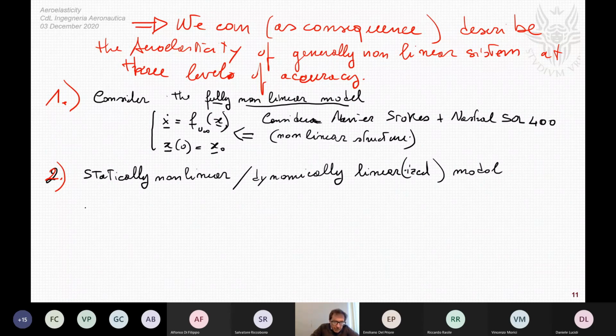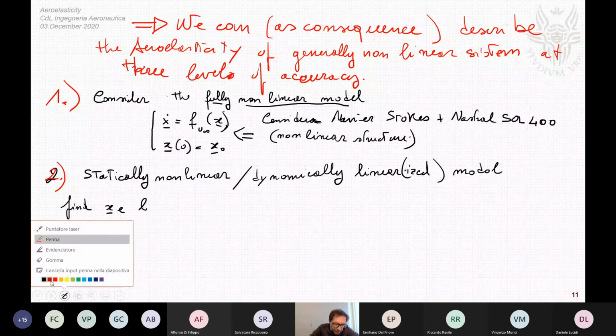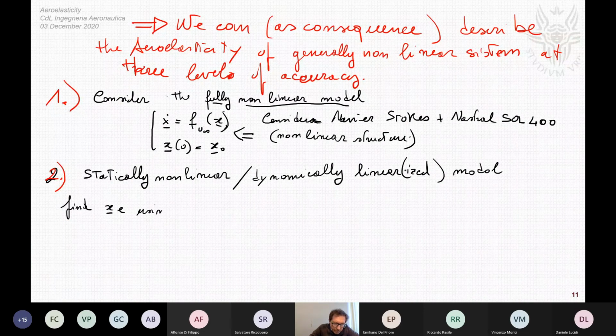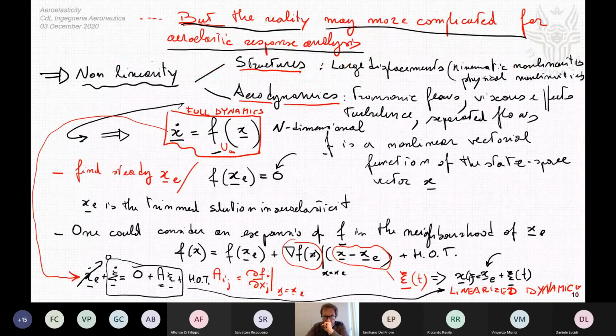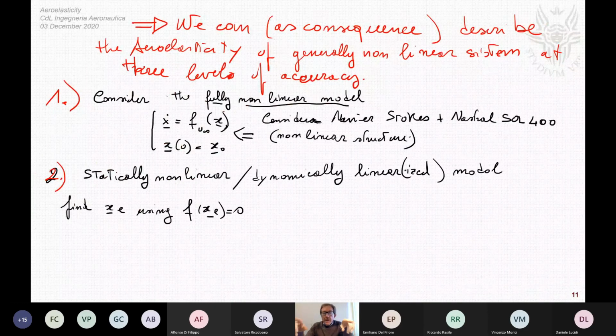Indeed, static nonlinear means find the equilibrium solution using f of x_e equal to 0. Okay, so find your equilibrium solution by using a nonlinear static structure model and a nonlinear static aerodynamic model.